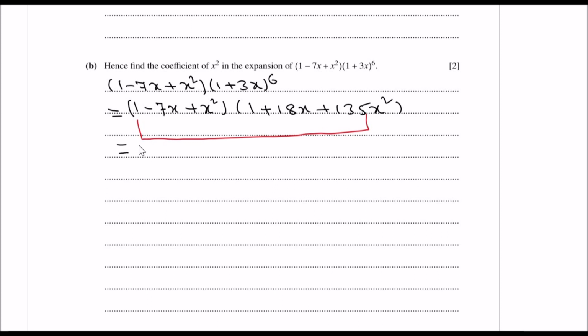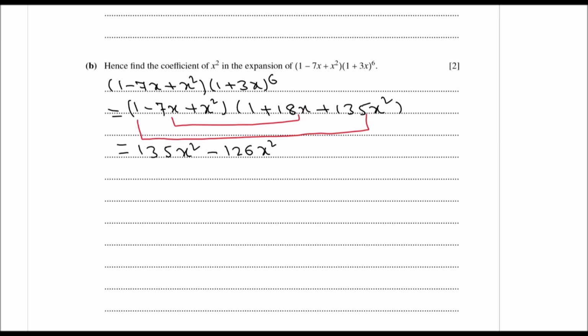So let us write, we get 135x square. Okay. Now minus 7x. Let's take the second term. So minus 7x, if we multiply with 18x, that also gives us a term with x square. So that gives us minus 126x square.